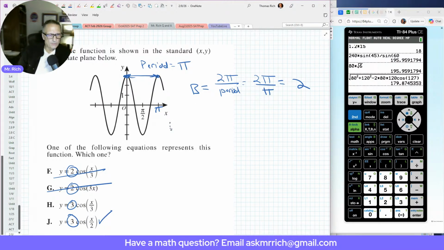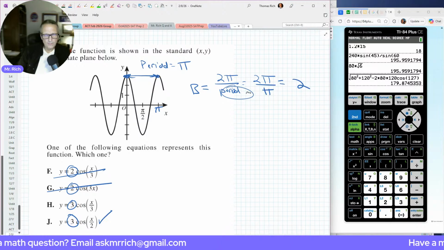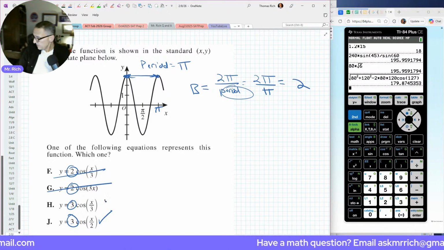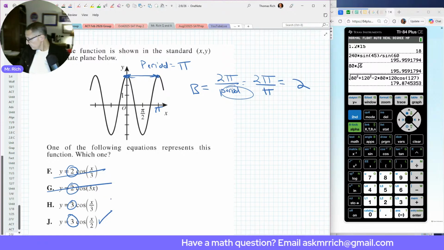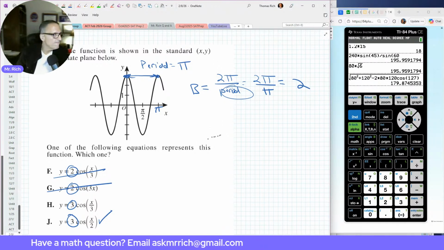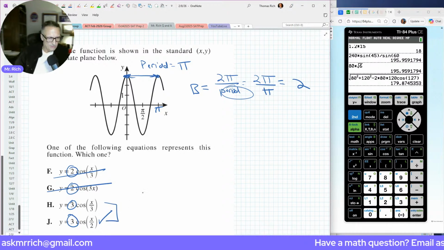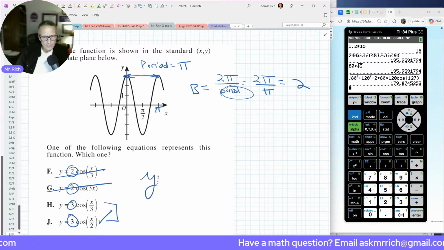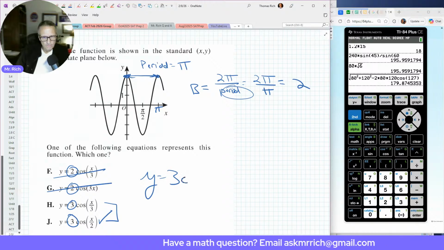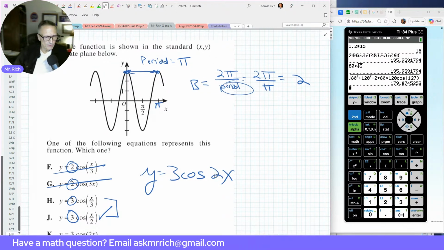This is going to be 2 pi over the period. The period is pi. So this should be a coefficient of 2. I'm not really sure what this is. So this should be y is equal to 3 cosine of 2x. Let's see if there's another. Oh, there's probably another answer.